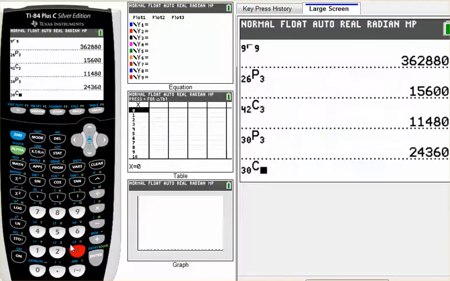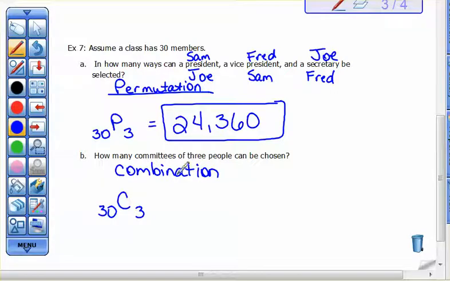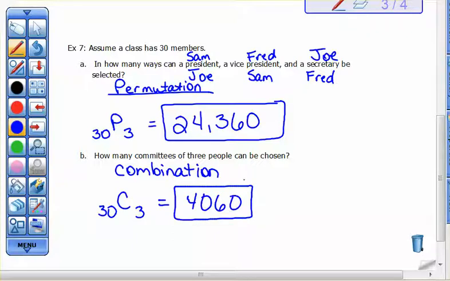Choose number 3 for NCR. 3 is our R value, and hit enter to get 4,060. So there are 4,060 different combinations of 3-person committees that we could get out of those 30 members.